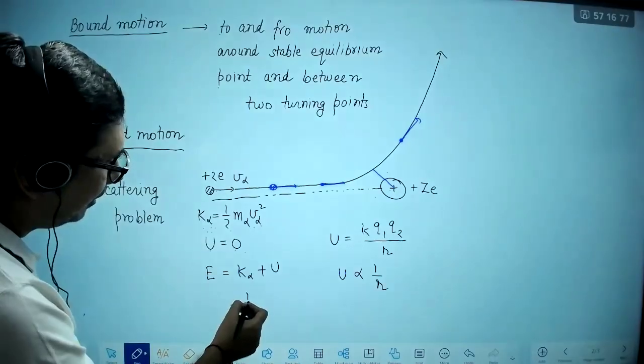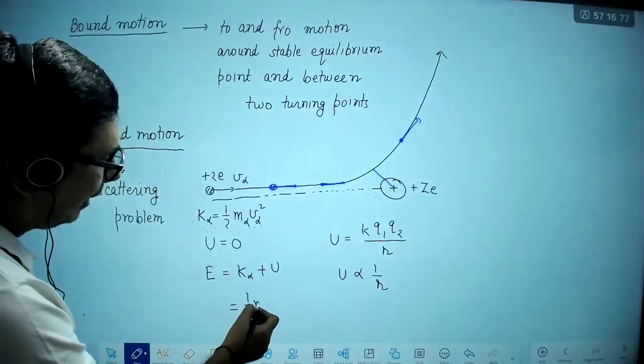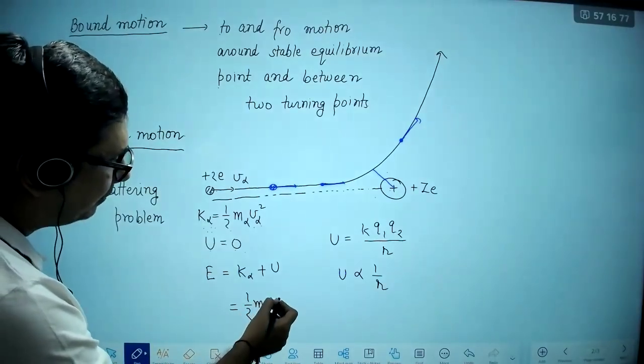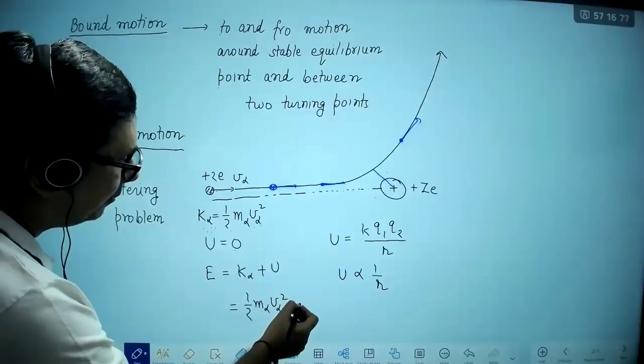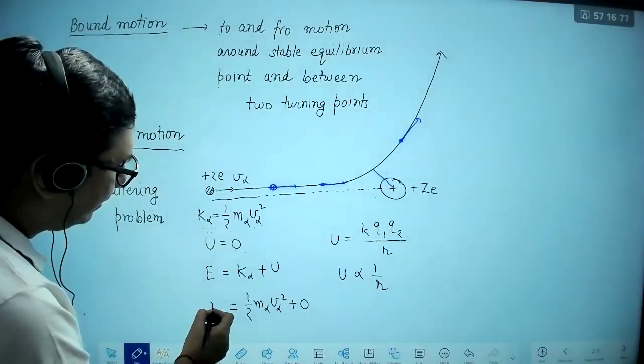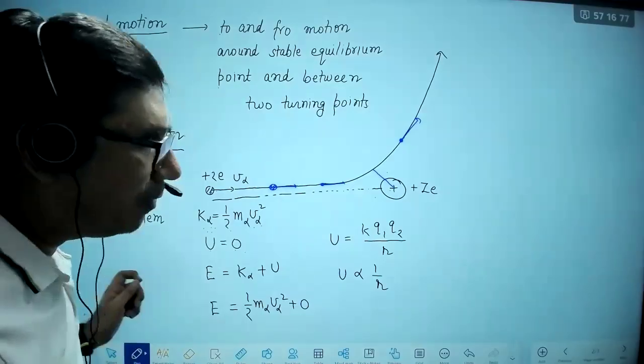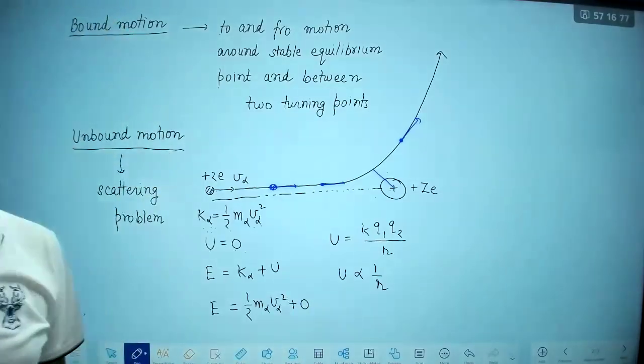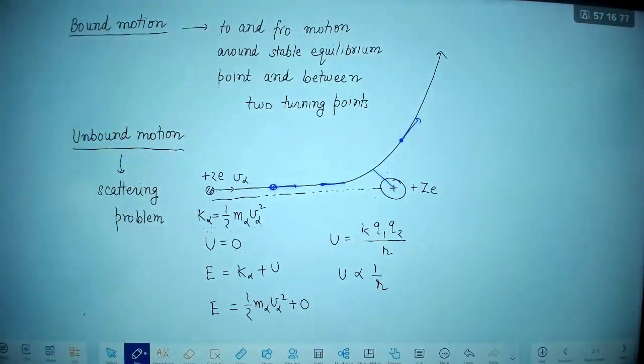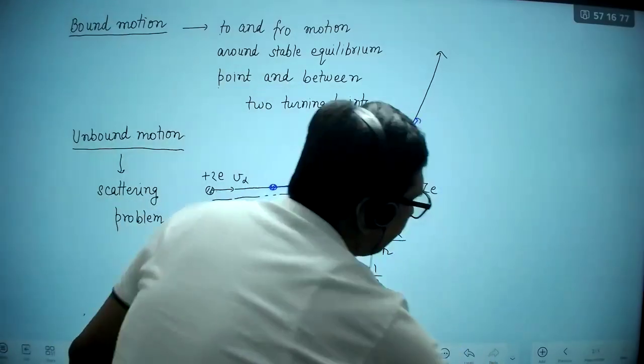So it will be 1/2 m_alpha v_alpha squared plus 0. This is the total energy that you are providing to this alpha particle in the form of kinetic energy. Okay, so now come here.